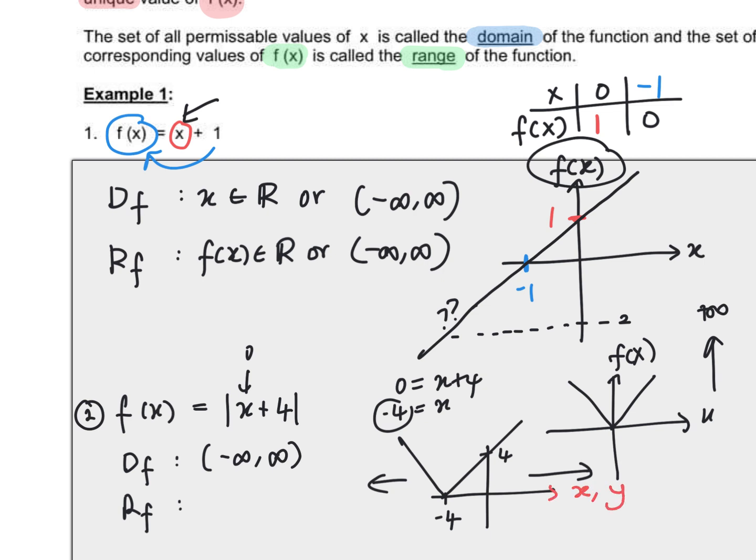At this x-axis, the y value should be equal to 0. So the range for this function should be from 0, from this line, until positive infinity. So it should start with 0 included until infinity.